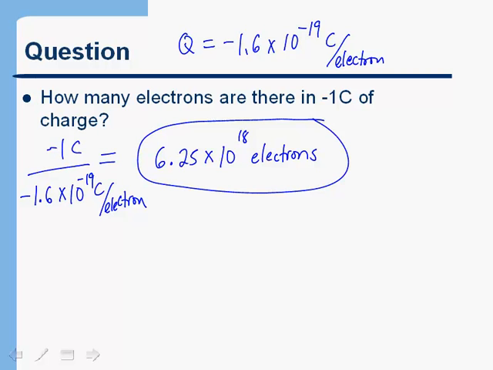And that's why when we think about electricity, we often think of it as continuous, like a fluid, because just like we think of water as a fluid, even though it's made up of individual atoms, electricity acts like a fluid because there are so many electrons in any kind of charge that you're going to encounter.